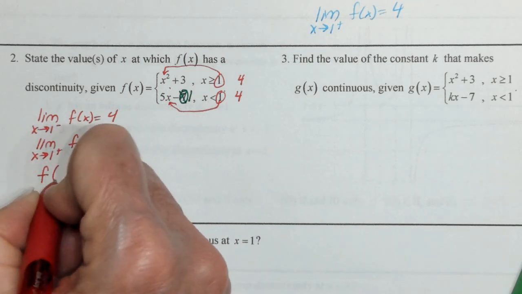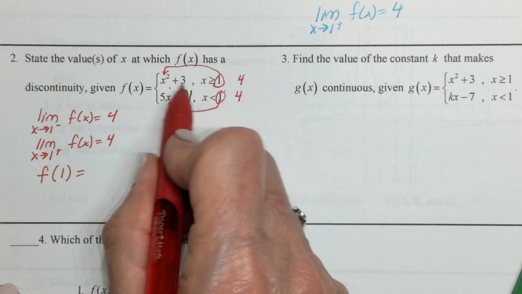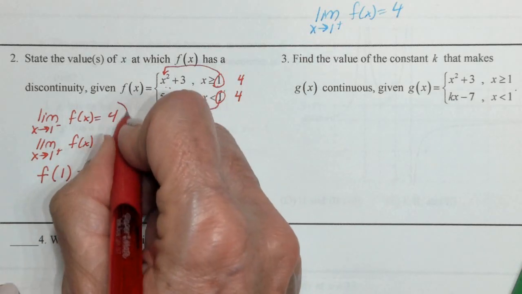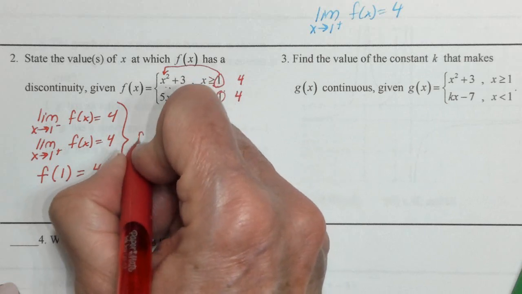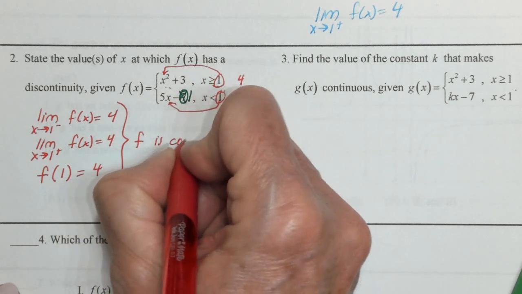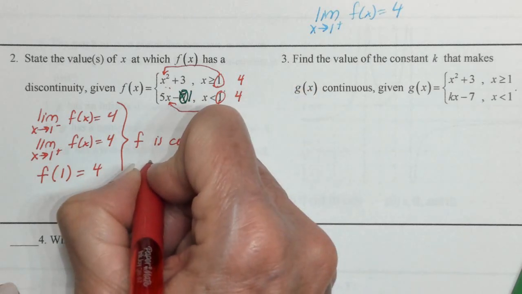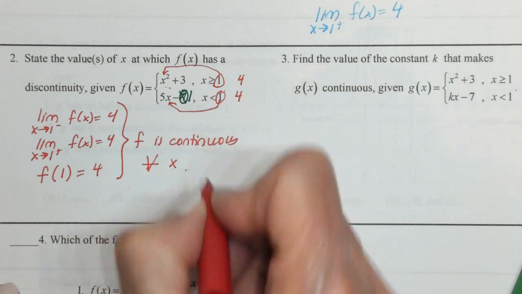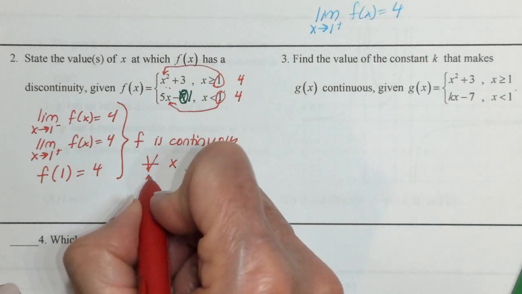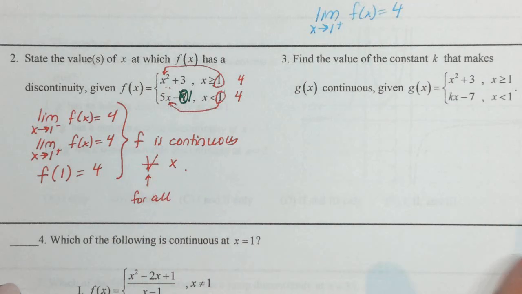What is f at 1? F at 1 is still 4. If all three of these things are the same, then we can say that f is continuous for all x. You can use the symbol if you want, or just write out "for all." Not a big deal.